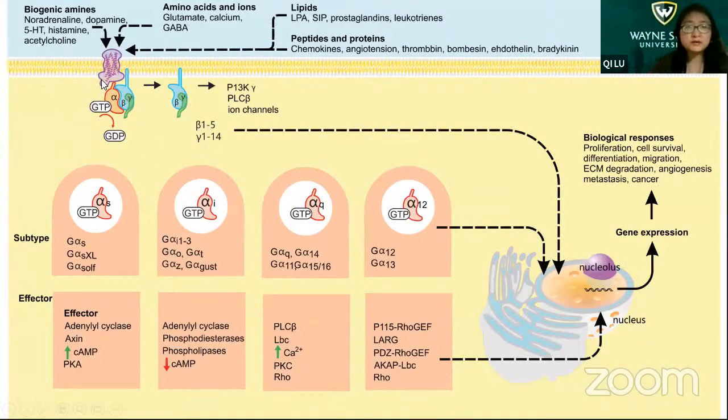G protein coupled receptors have downstream partners like GS, GI, GQ, and G12, G13, and their functions change the concentration of different secondary messengers like cyclic AMP, calcium, and some may even change proteins that affect gene expression in the nucleus.